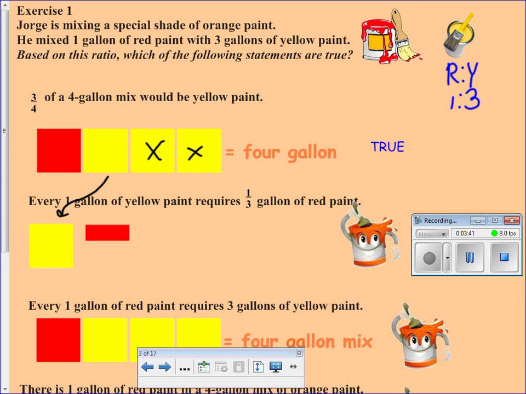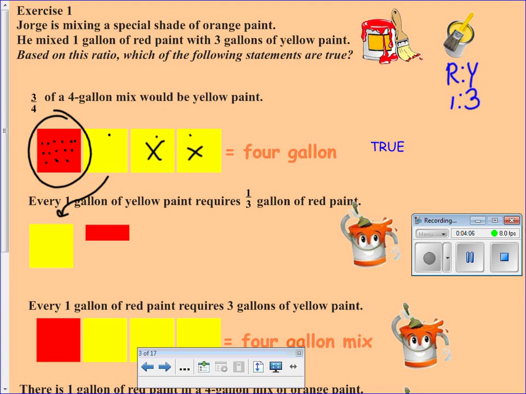So basically I took my 3 gallons and I'm separating it. So now I have to take my red and separate it. So I would have to take this red here and separate it somehow, 1/3, 1/4. But how would I have to separate it so that it would fit evenly in the 3 yellows?